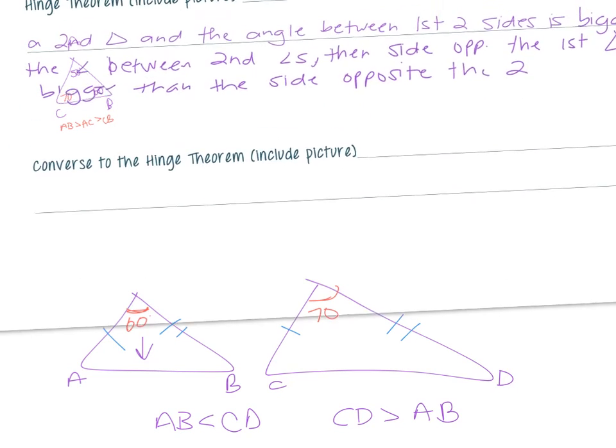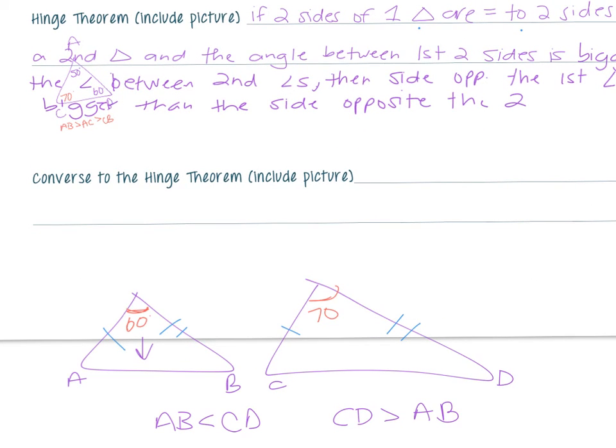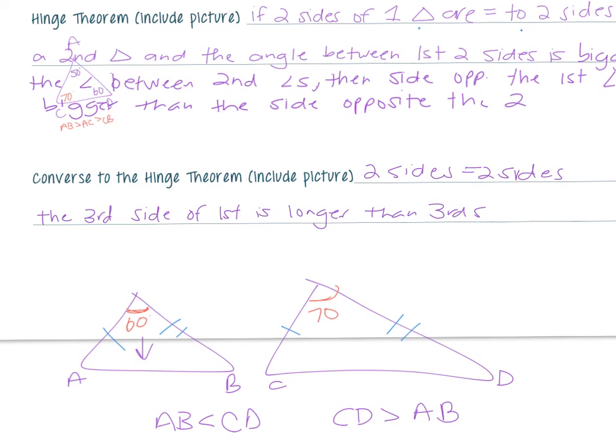And then there was the converse, which says the same start, so two sides of one triangle are equal to two sides of a second triangle. But this time we know the third length. So the third side of the first is longer than the third side of the second.